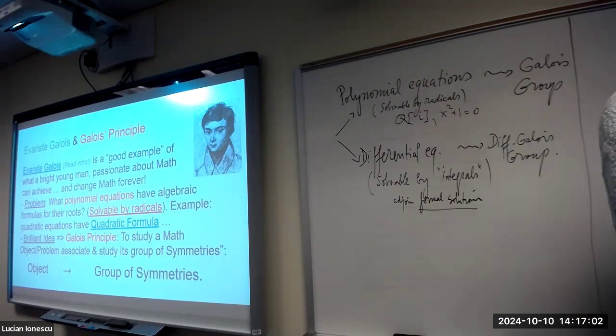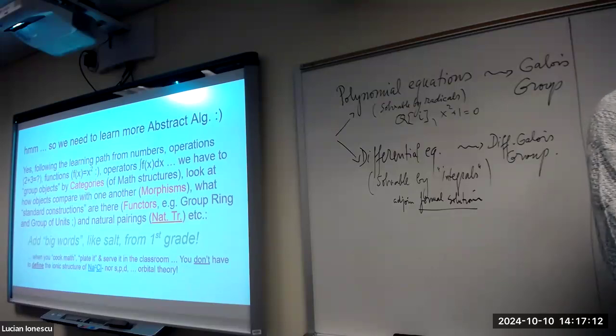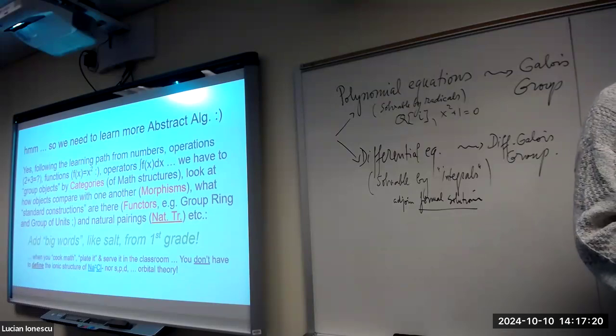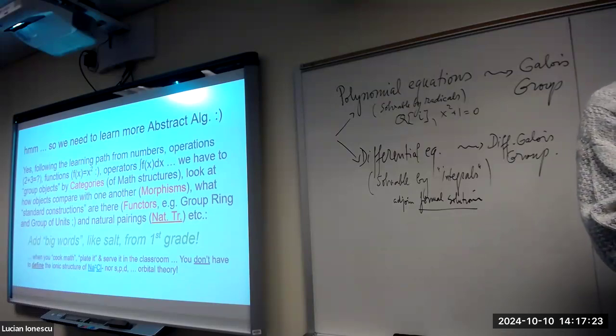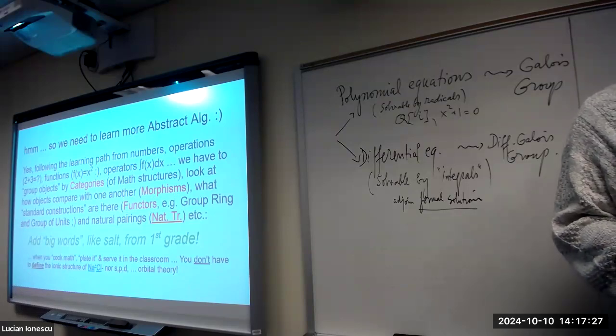So let's retain again this idea: to an object which we want to study, associate a group of symmetries, then study that. So we need to learn more abstract algebra. Since time is of the essence, I'm not sure if I will go completely through all these slides.